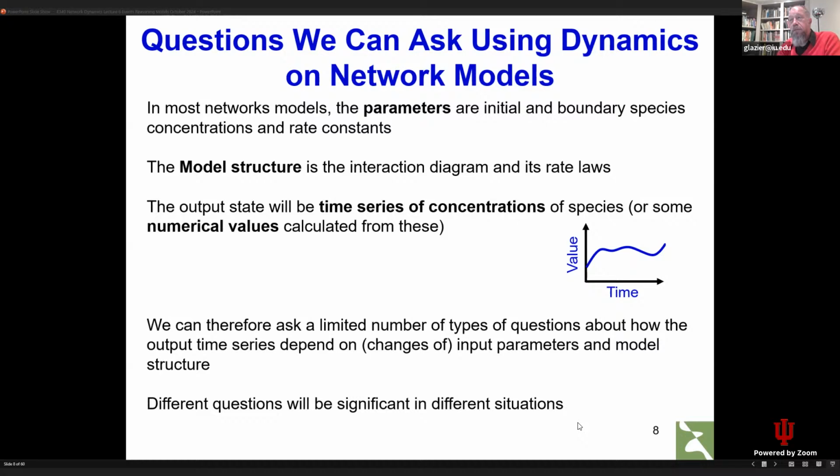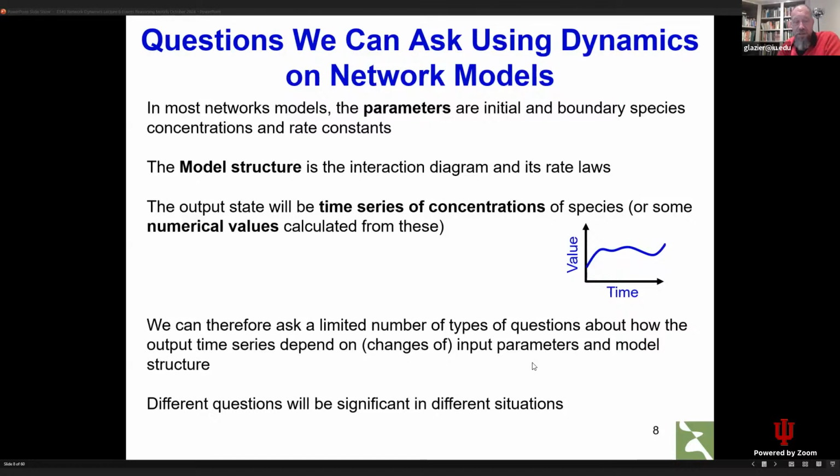And there aren't really that many kinds of questions we can ask about those time series. And so we can actually go through and systematically characterize the kinds of questions we can ask about a time series. The reason I'm mentioning this is that pretty commonly, both as a research question and in a homework problem, I'll say, what do you see when you do something? And so this is addressing the kinds of questions that you can ask looking at a time series.